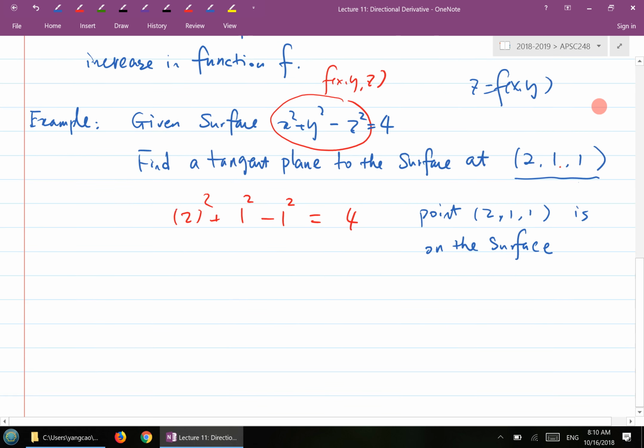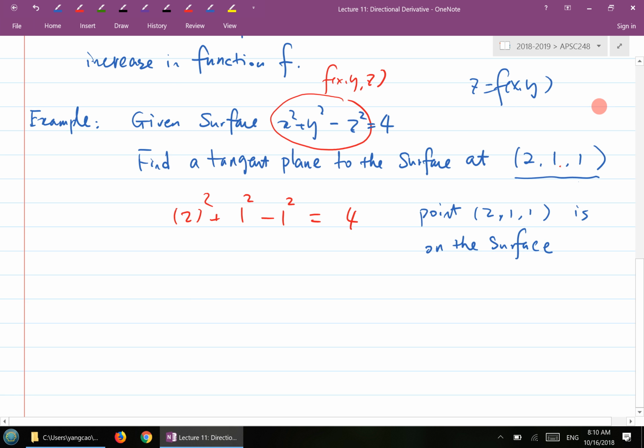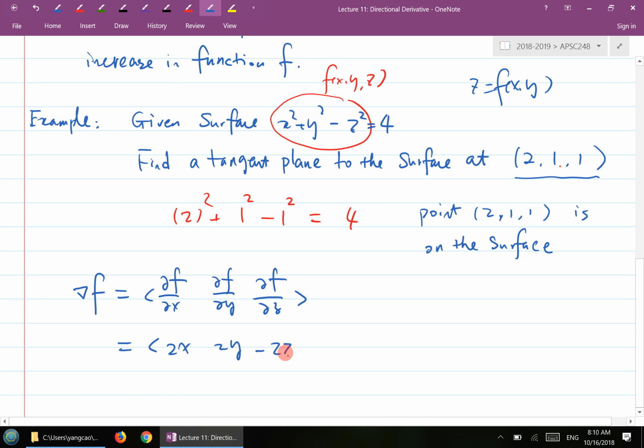Now let's use the formula to calculate the gradient vector. We need the gradient vector del f, which is partial f over partial x, partial f over partial y, and partial f over partial z. Given the function here, this gives us 2x, 2y, negative 2z.